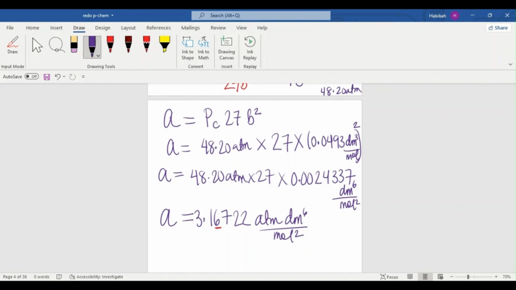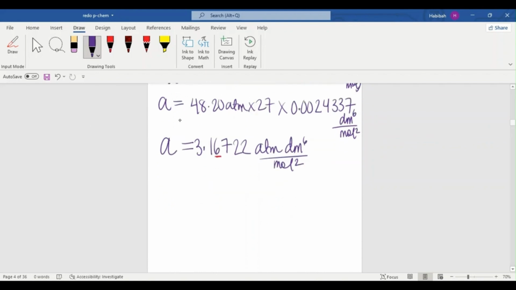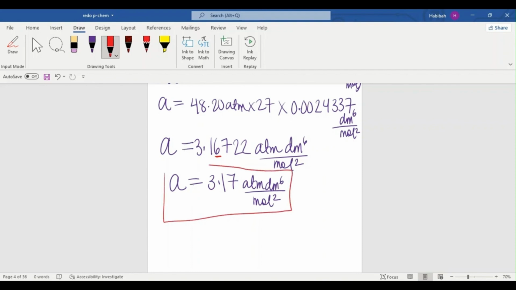The value for A is not just 3.16722. It's going to be A equals 3.17 atmosphere decimeter raised to the power of 6 per mole squared. So this is basically the answer to this question.